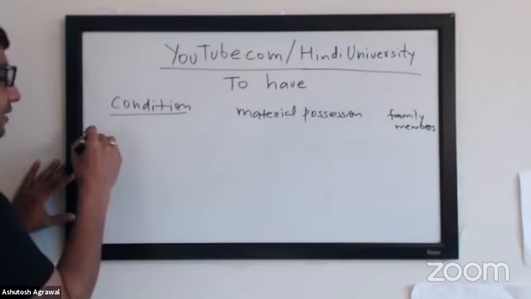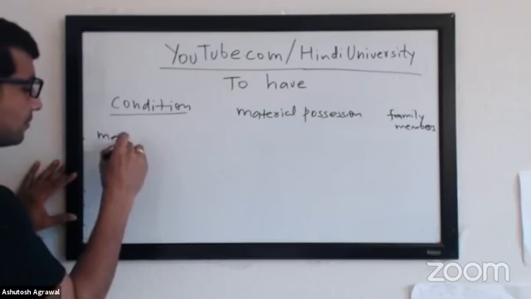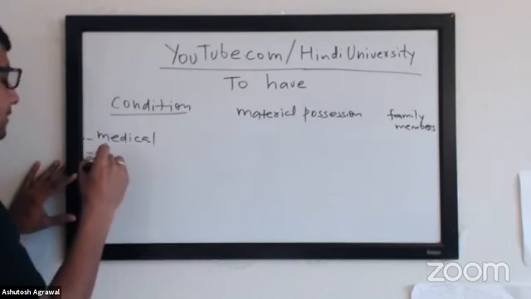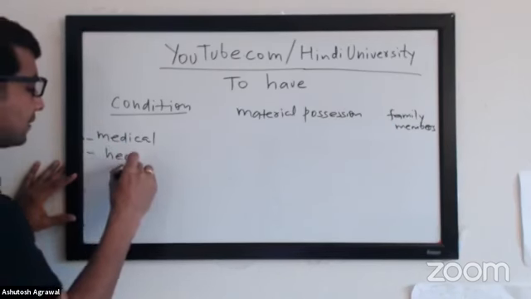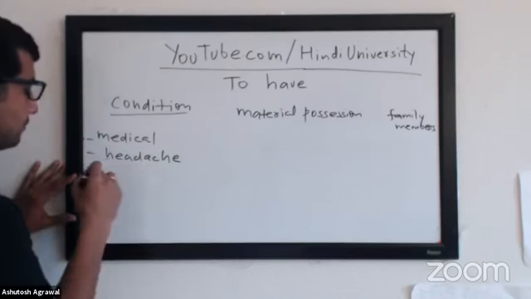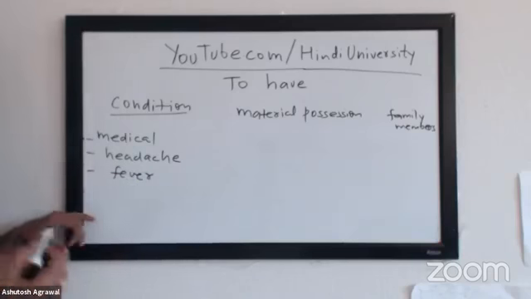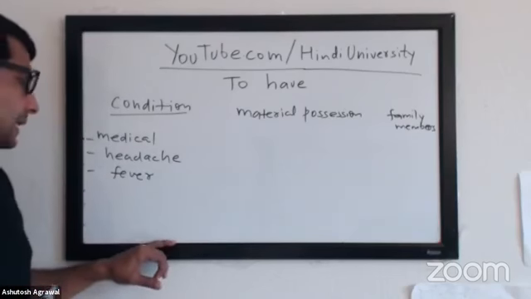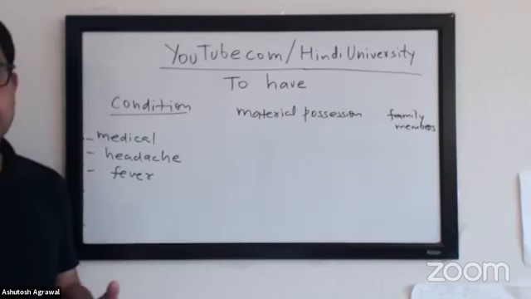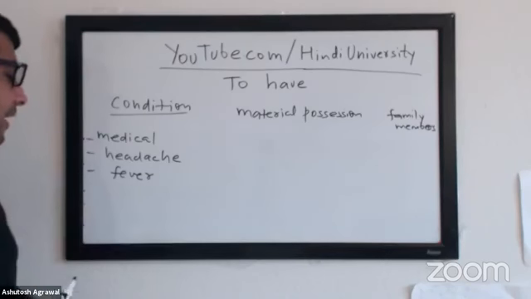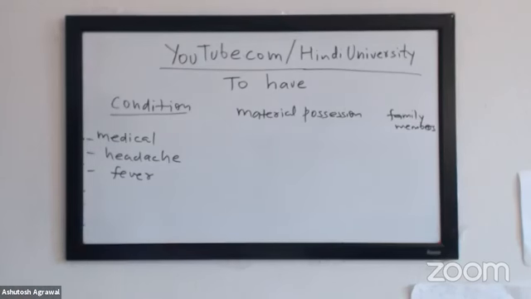An example of condition: let's say a medical condition. You have a headache or fever. There is a way to say that in Hindi. In English, you'll say "I have a fever" or "I have a headache" or something else such as a cold. Okay.